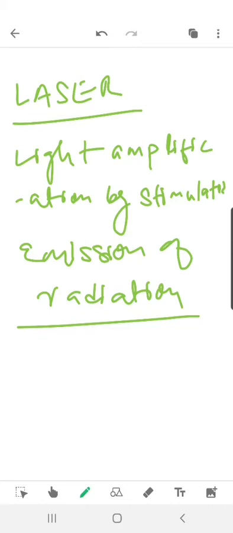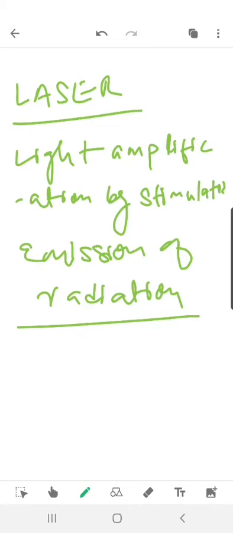Okay, to understand this principle, first of all we need to know three things, because laser action is based upon absorption, emission, and then population inversion. Okay, so a laser is basically a source of light which is highly directional.